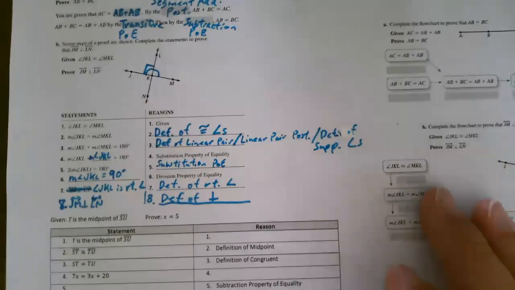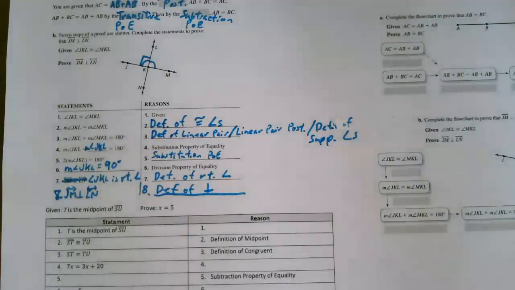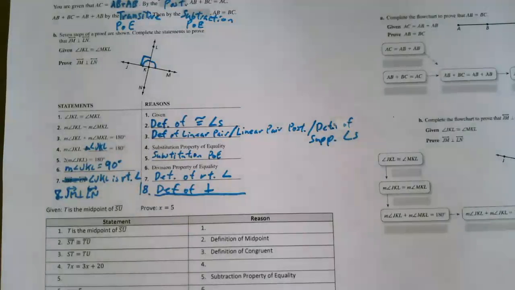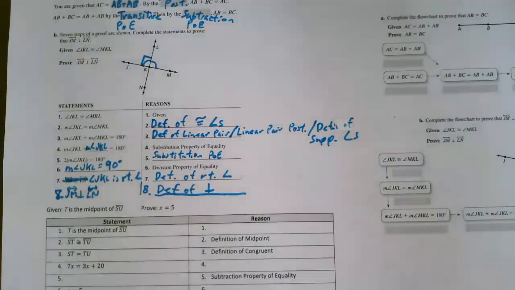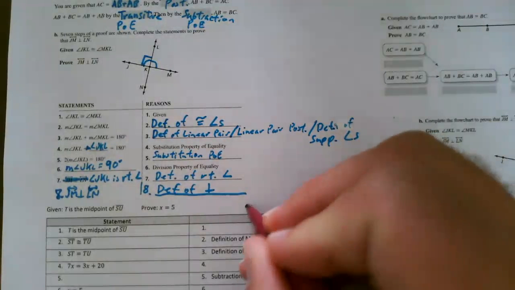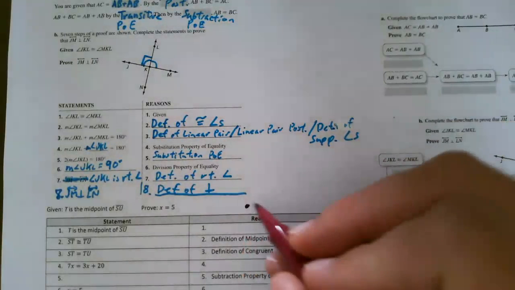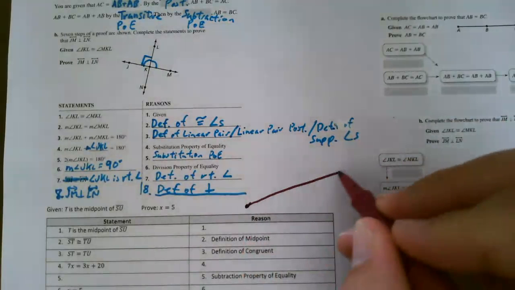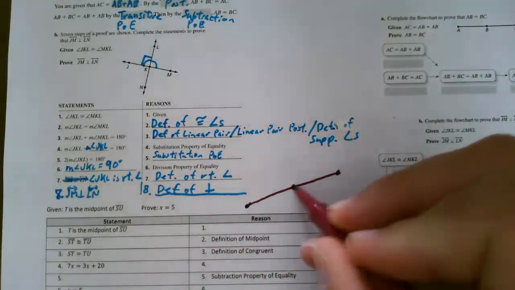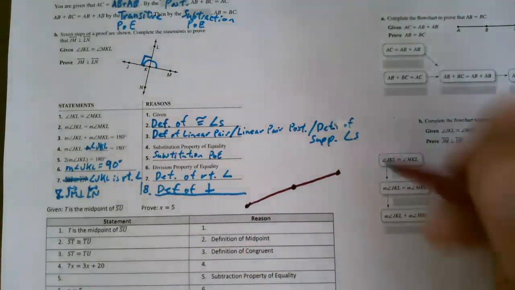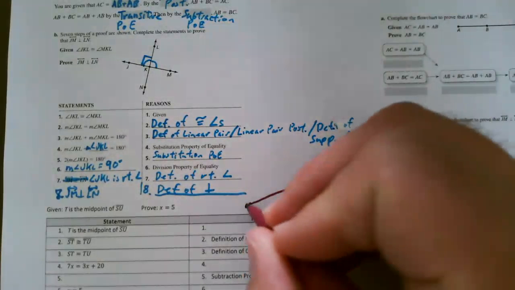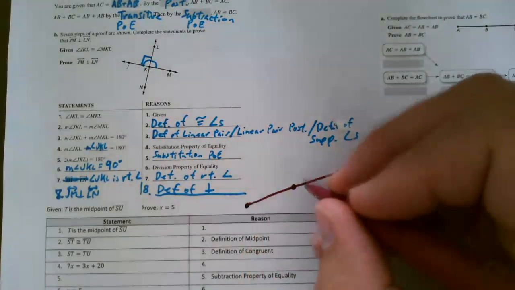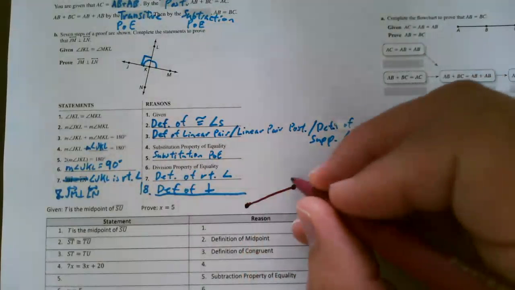on the next one, like I said, a colleague of mine made this sheet from the textbook. They did forget to copy one diagram, and it was for this next one. So we need to draw it in. So I'm going to draw in the diagram here. It was a line with 3 points on it, with one directly in the middle. All right. So we have T as our midpoint.